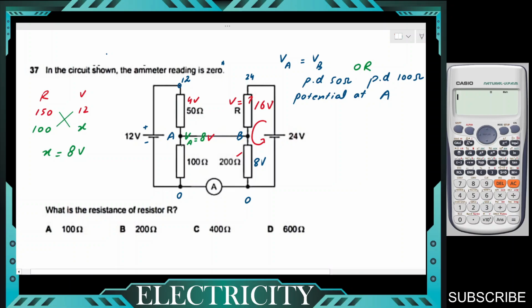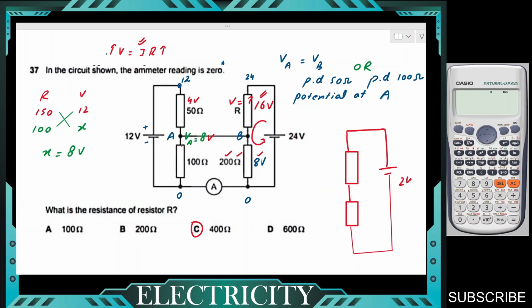Even without doing the ratios, we should be able to pick up the right answer. The more the resistance, the more the potential. How do we know? V equals IR. The more the resistance, the more the voltage across it, because current remains the same in the series circuit.